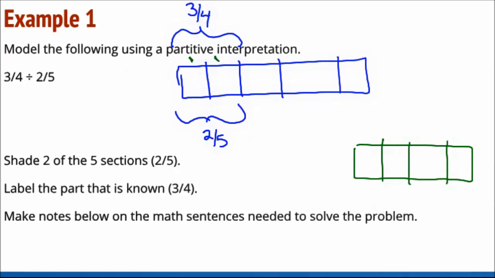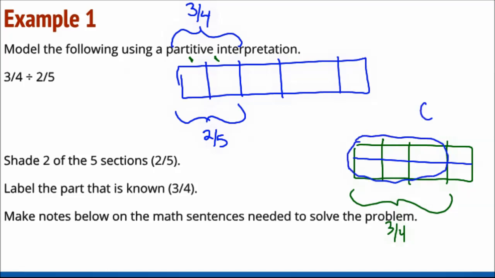So here's my 3/4. And I will divide it by 2. And I can see in my 3/4 I have 6 pieces. And there are eighths. 1, 2, 3, 4, 5, 6, 7, 8. 6 eighths. And if I want to take this 3/4 and divide it by 2, I've got 3/8.